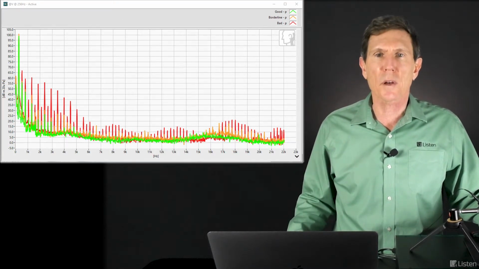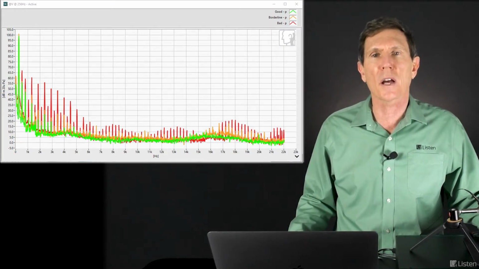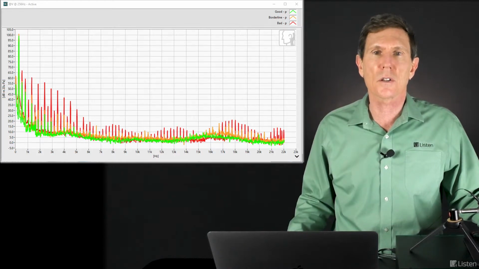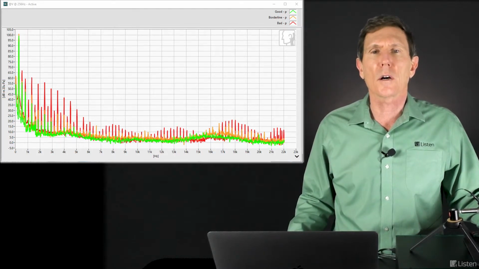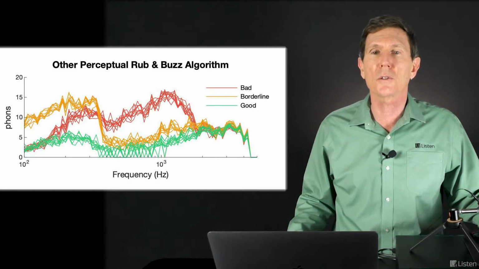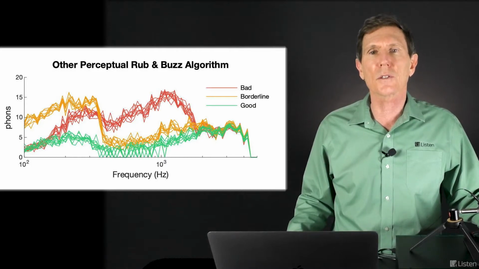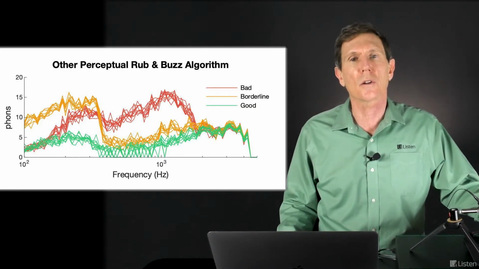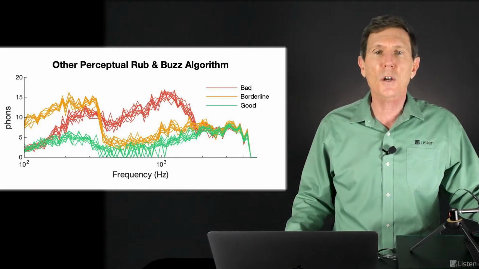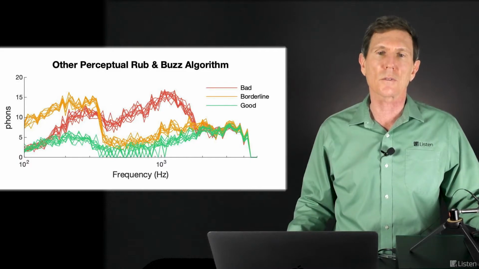As one would expect, the perceptual distortion algorithm amplifies the relative magnitude of the distortion in the highly sensitive region of human hearing. Now, I'm not sure if you noticed that the other perceptual algorithm I just showed you, the one that is not a Listen product, reveals little difference in the maximum distortion audibility of the two speakers with rub and buzz, even though human listeners perceived a significant difference in distortion level.